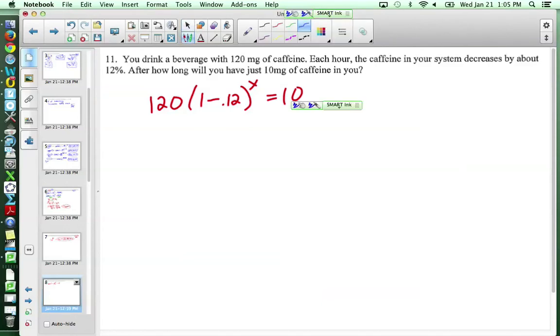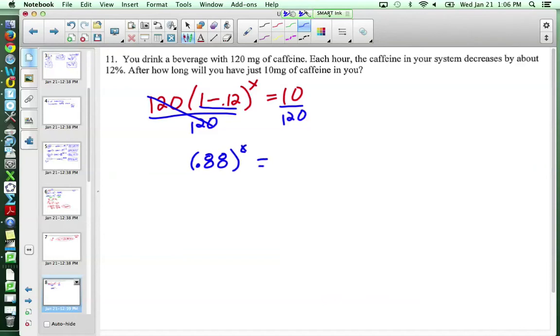It will require logarithms. So start by dividing both sides by 120. I know a lot of kids miss that piece on the progress check. But don't forget to divide by that 120 first. The 1 minus the 0.12 is 0.88. Might help to simplify that. 0.88 to the x power is equal to 10 divided by 120 is 0.083 repeating.